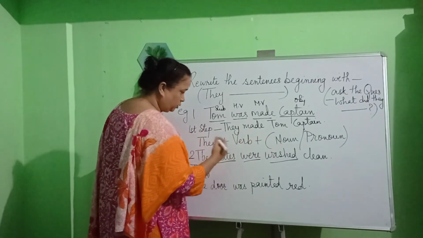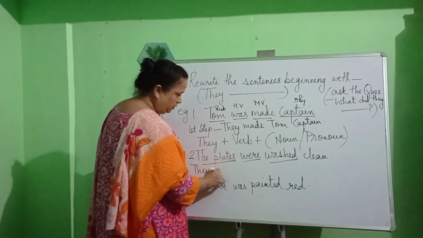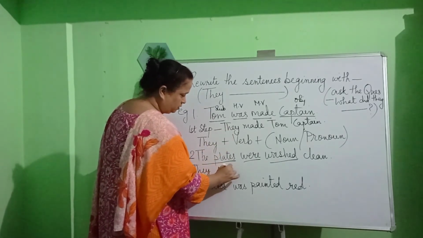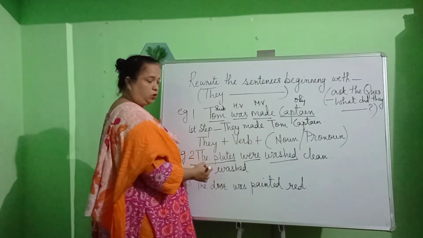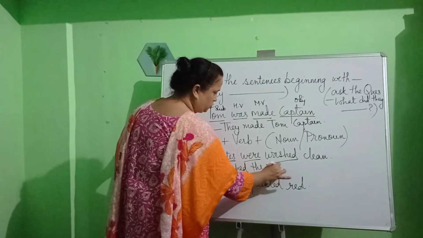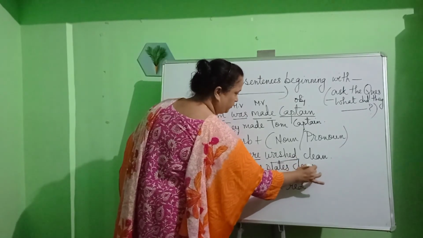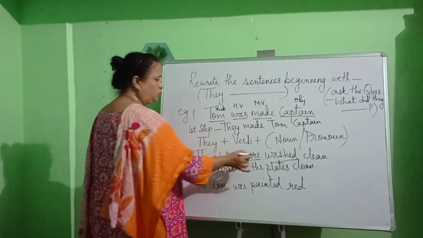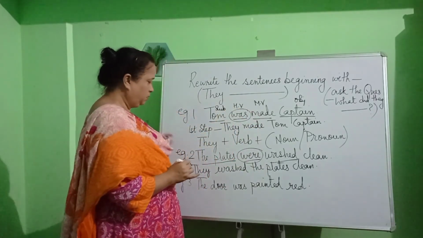How did they wash it? They washed it clean. So we begin our sentence using they. Then we will write the main verb. They washed. Now what did they wash? The plates. How did they wash the plates? They washed the plates clean. Okay? We do not write the helping verb while writing the answer.